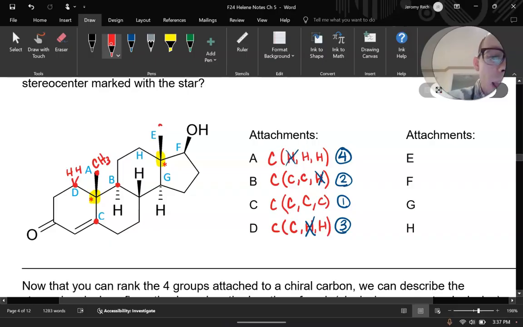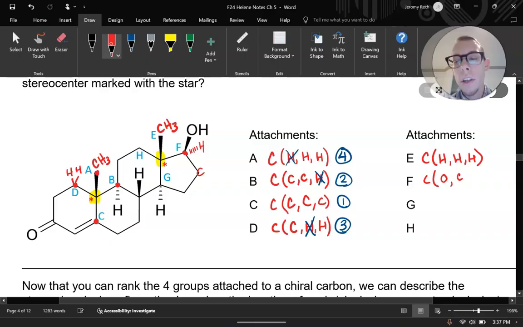E is going to be a lot like A. This is going to be a methyl group, so we're going to have a carbon that is connected to a hydrogen, and a hydrogen. If I look over here at F, F is going to be a carbon. It is going to be connected to an oxygen. There's a hydrogen, which is not drawn, and then a carbon on the other side. So we're going to put those in order.